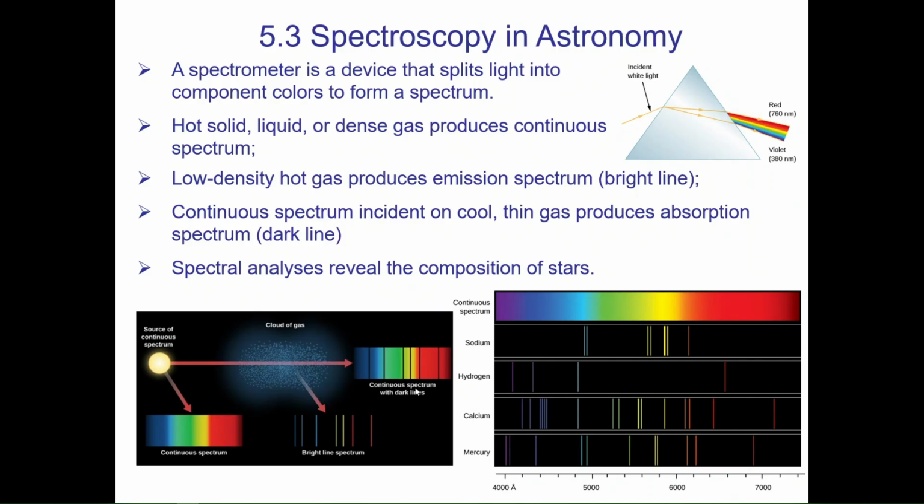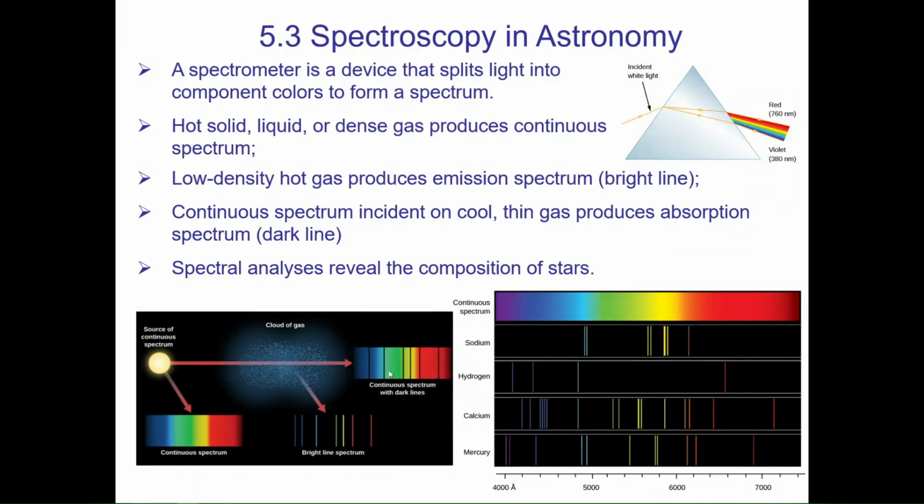The reason most stars have an absorption spectrum is that the core of the star is a hot, dense gas, which produces a continuous spectrum. But the surface of the star has cool, thin gas. So when the continuous spectrum goes through the surface, it produces the absorption spectrum.